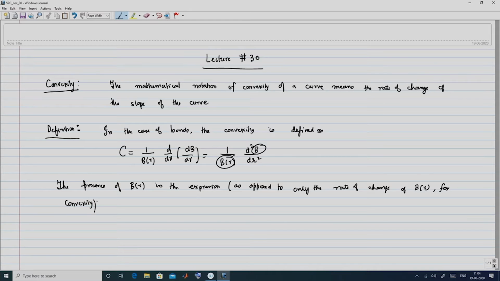For convexity, normally I would just look at the second derivative term, but there is an additional term B(r) in the denominator. This will be motivated in the subsequent discussion, and that is the reason why we have included this term B(r).